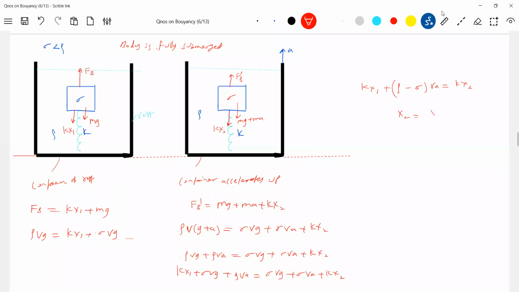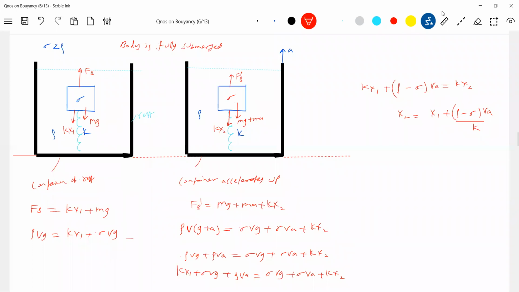So x2 is equal to x1 plus (rho minus sigma) Va by k. Anybody say something about the deflection in the spring? So what can we conclude here?